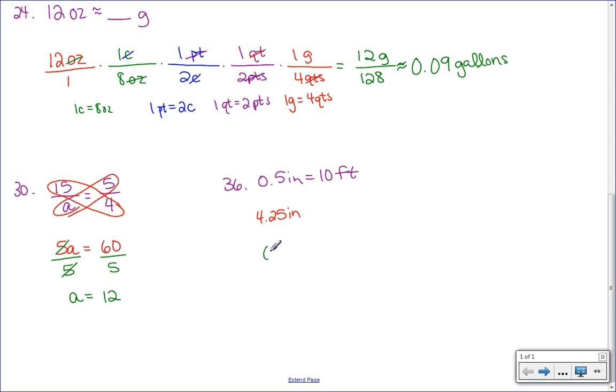So we know that the scale says 0.5 inches is equal to 10 feet. Well, I want to know what 4.25 inches is equal to. And because this is inches, I want it lined up directly across from the other units in inches. Directly across, not diagonal, directly across. So 4.25 inches for some number of feet.